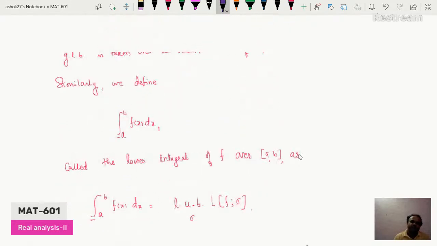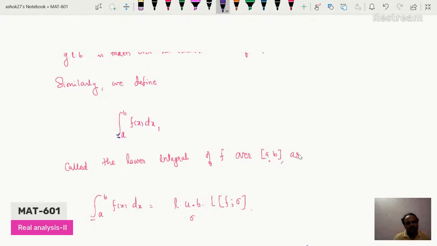And similarly, we define the lower integral. Here we write a very small horizontal line segment, so it is not a minus sign, at the lower part of this integral.